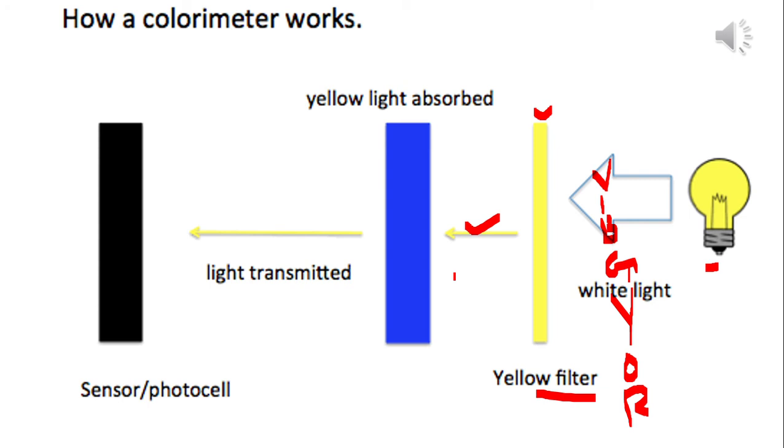Only that particular colored light is coming out while the other colors are not allowed to transmit through. So such a filter is used and the transmitted light has the color of the filter. Then the transmitted light is allowed to pass through the solution and the transmitted light is passing through a photocell or a sensor. That is how we get the reading.